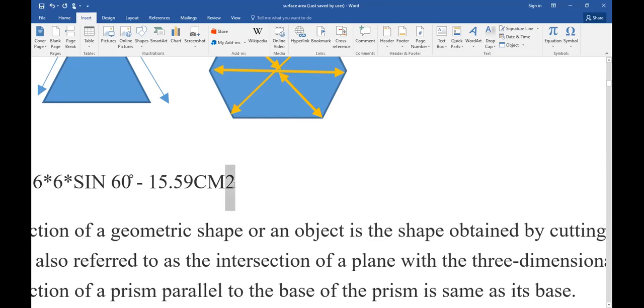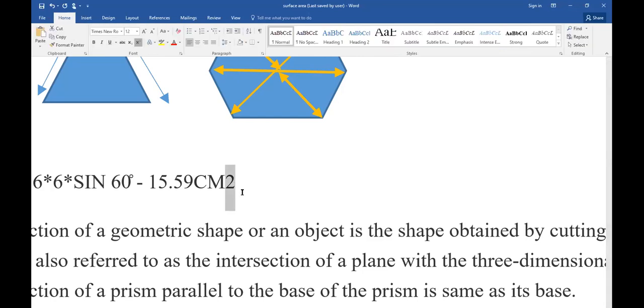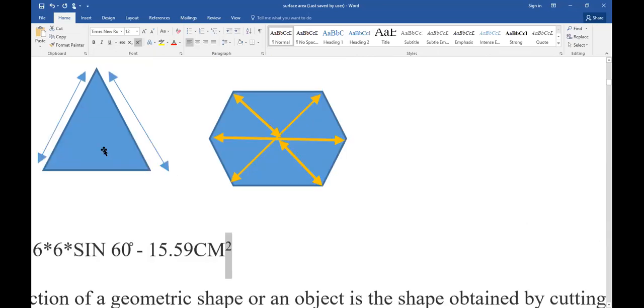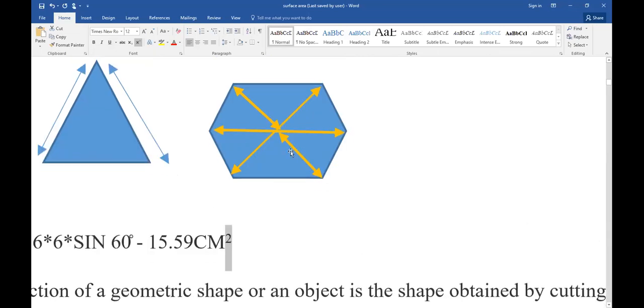Now remember, what we have found here is simply the area of one triangle. How many triangles are here? 6. So we are going to multiply 15.59 by 6.